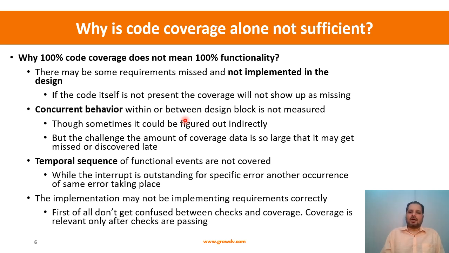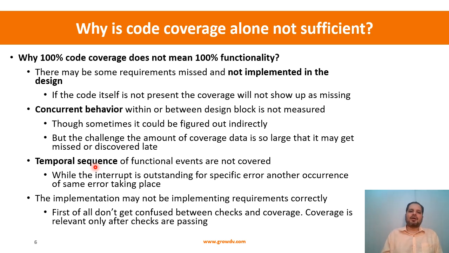Second, concurrency is a special case of the fundamental aspect that code coverage is not time sensitive, right? Concurrency is something happening at the same time. And the third point, with respect to time, is the temporal sequence. Whether a certain set of events have happened in a certain order or sequence is not something that the code coverage metric can tell you.